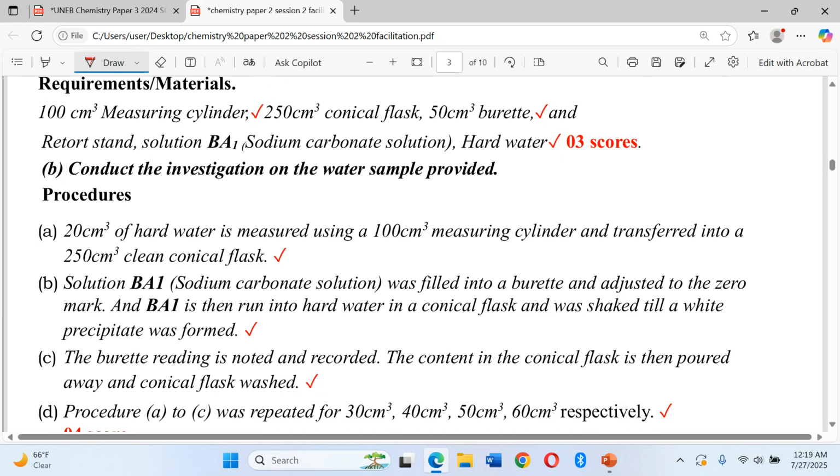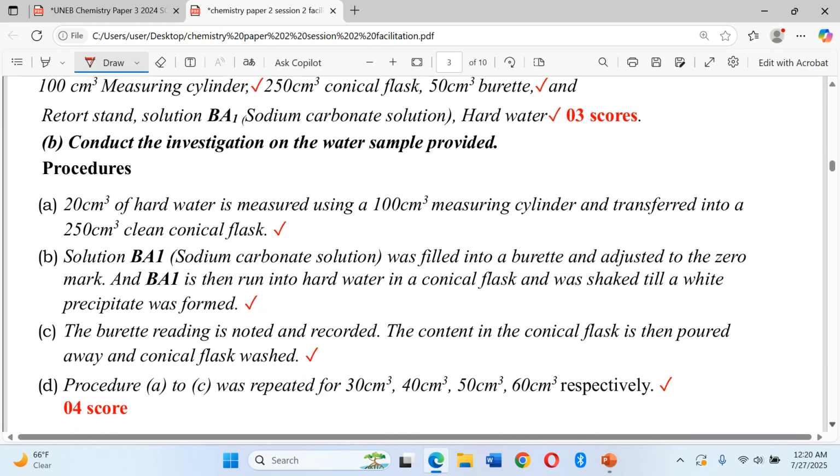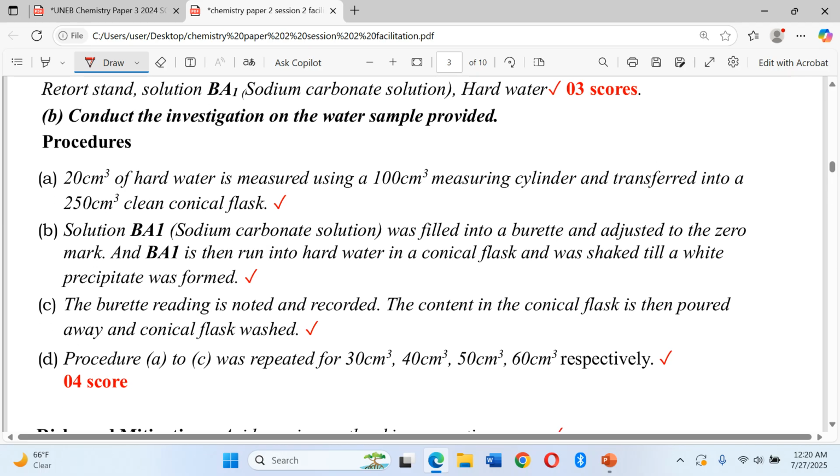After that, there's part B, which says conduct the investigation on the water sample provided. So we need to look at the procedures. They're saying that 20 cubic centimeters of hard water is measured using a 100 cubic centimeter measuring cylinder and transferred into a conical flask.